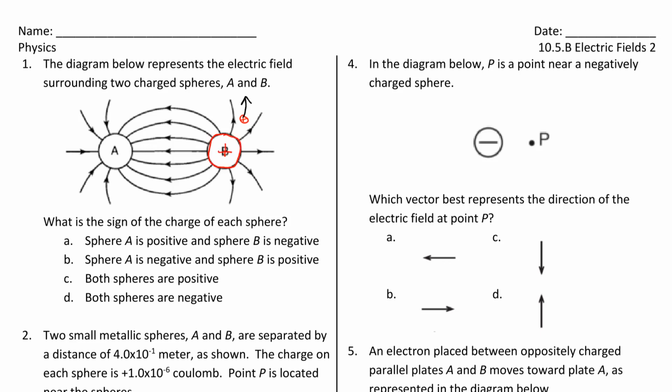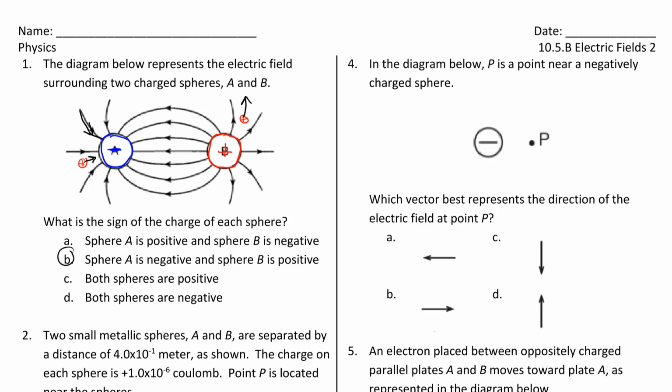And the lines are going into A. They're all going into A. So now if we have a positive charge here, it's being attracted to A. What does that tell you about A? A must be a negative charge. Okay, so it's choice B: sphere A is negative and sphere B is positive.